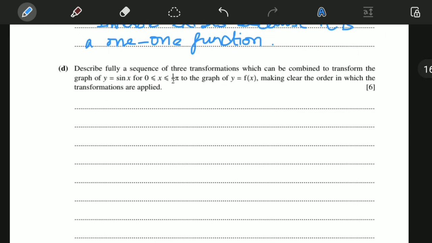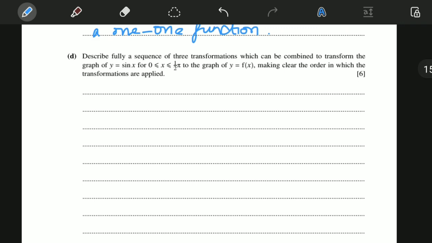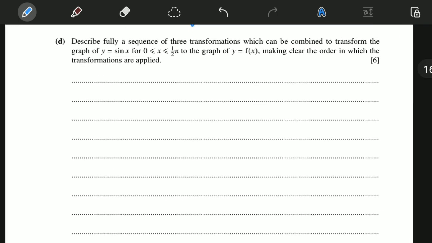Okay, now part D. Describe fully a sequence of 3 transformations which can be combined to transform the graph of y equals sine x, for just a range from 0 to pi by 2, to the graph of y equals f of x, making clear the order in which the transformations are applied.